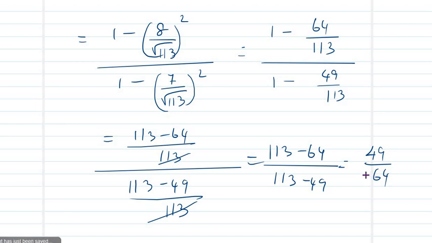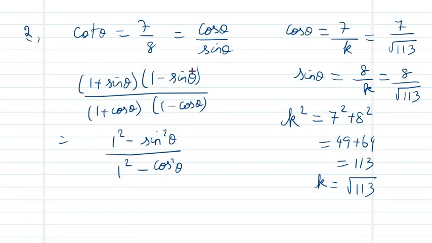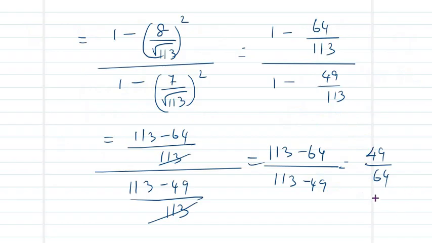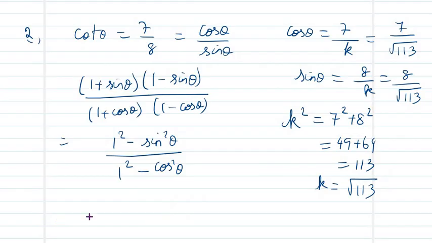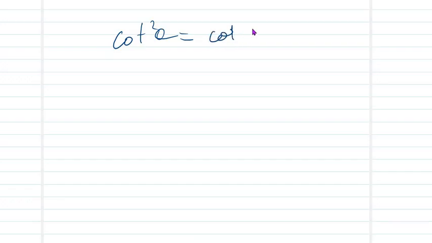So the first part of this problem was to calculate this expression, which gives us the answer as 49 by 64. And the other part of the same question is asking for cot square theta, which we can calculate here. Cot square theta is just basically cot theta the whole square.